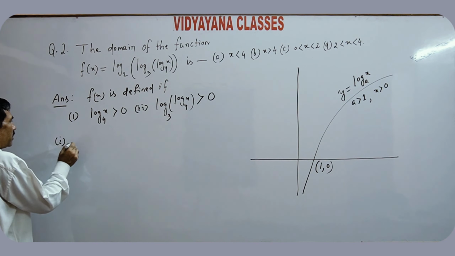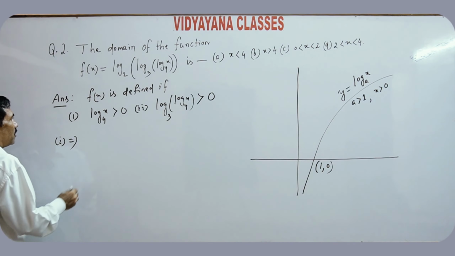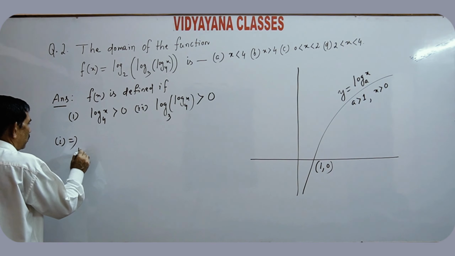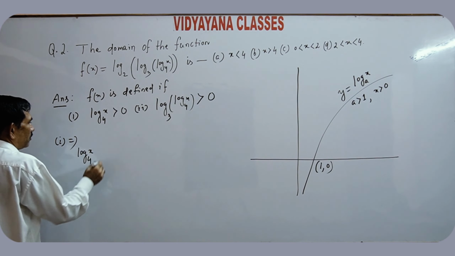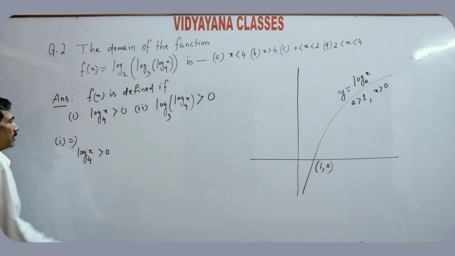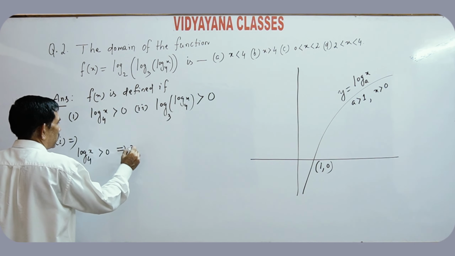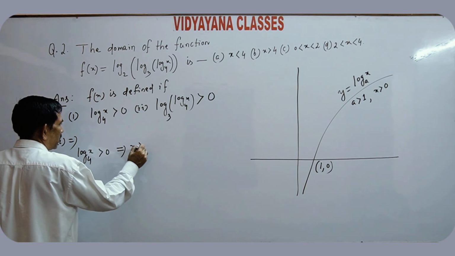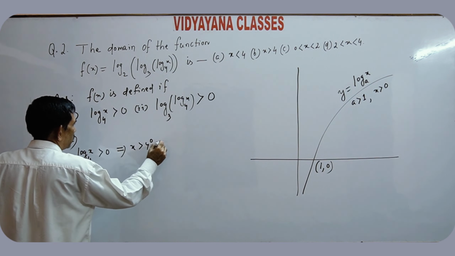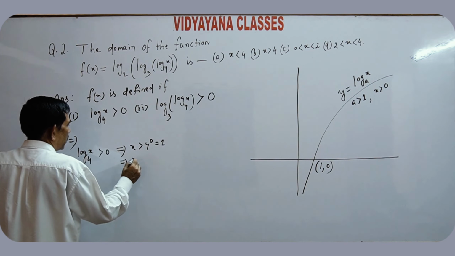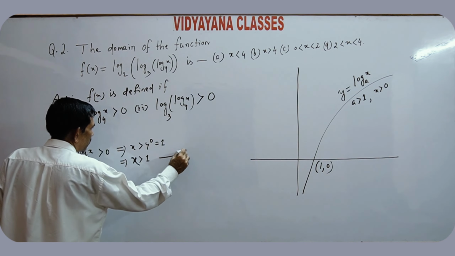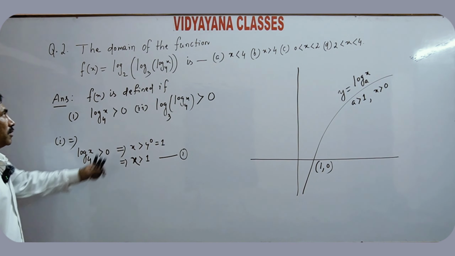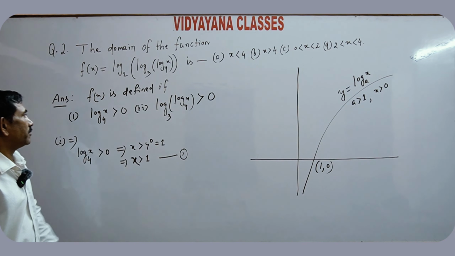Part 1 implies log x with base 4 is greater than 0. That implies x is greater than 4 to the power 0, which is equal to 1. It is the first condition. x must be greater than 1.